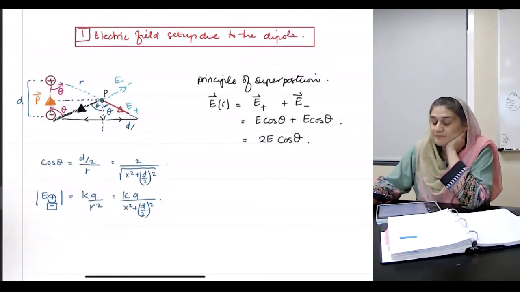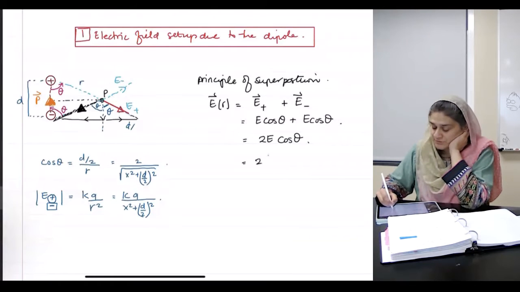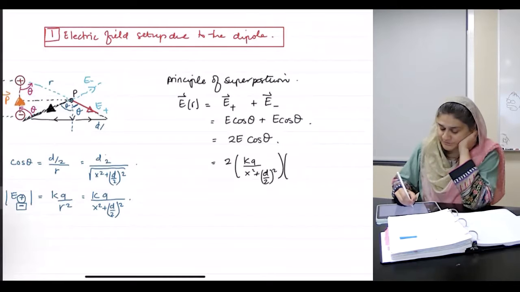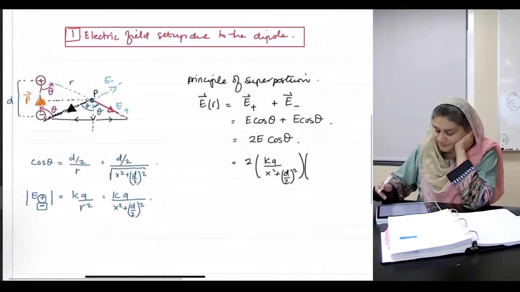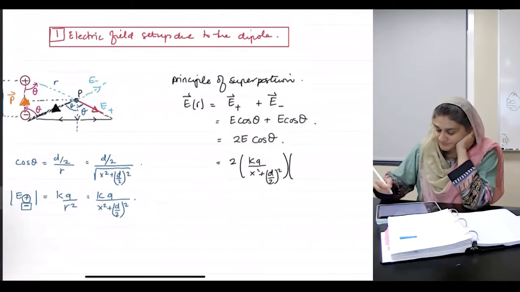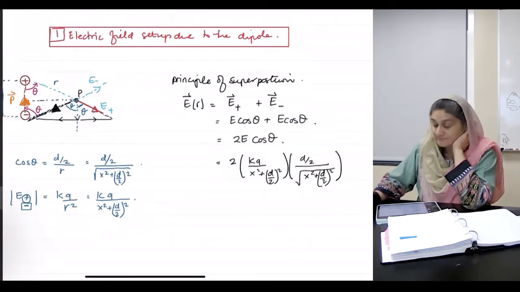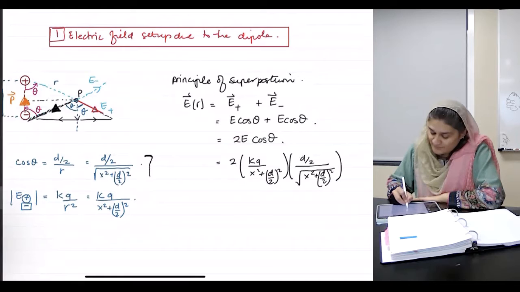Or 2 KQ over x squared plus d over 2 squared times, oh, where did my d go? There should be a d over 2. Oh, I missed it up there. Okay. Or d over 2 divided by the square root of x squared plus d over 2 squared, from here and here.